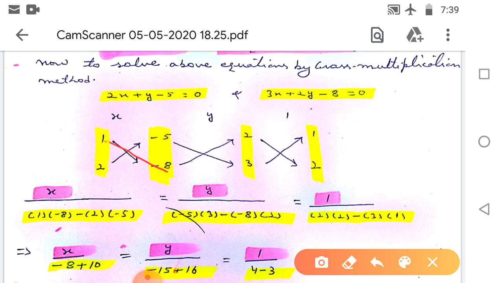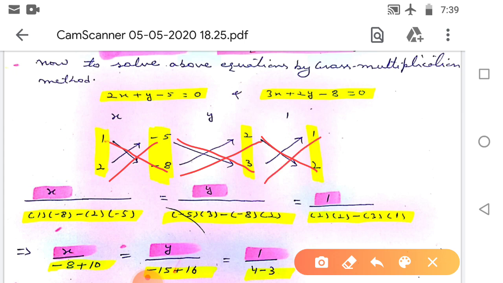So x upon 1 into minus 8 minus 2 into minus 5, y upon minus 5 into 3 minus 8 into 2, and 1 upon 2 into 2 minus 3 into 1.